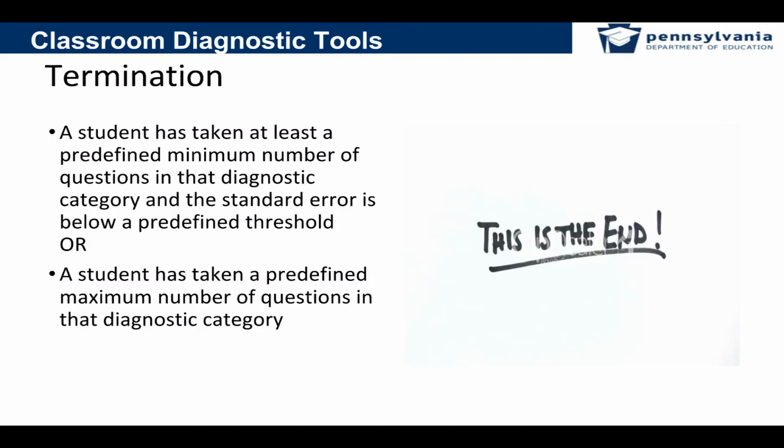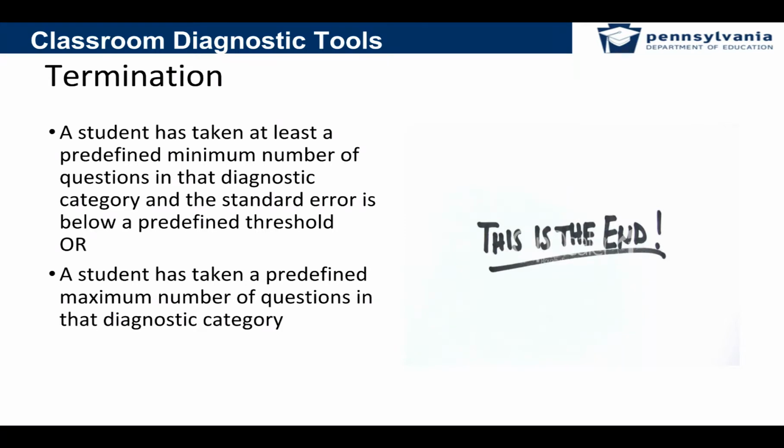The classroom diagnostic tool test ends when it's met one of 2 conditions. So the first condition would be that the student has taken at least a predefined minimum number of questions in that diagnostic category, and the standard error is below a predefined threshold. So in math and science, that minimum number would be 12.